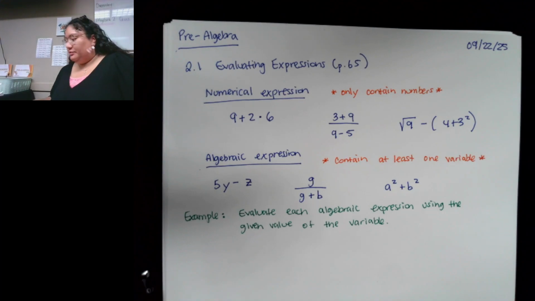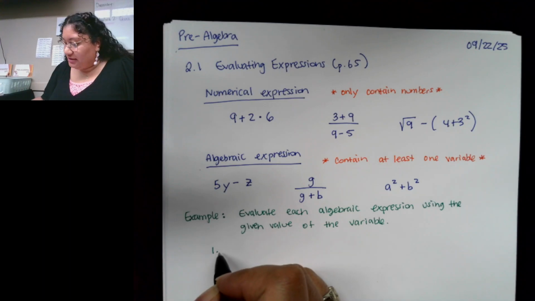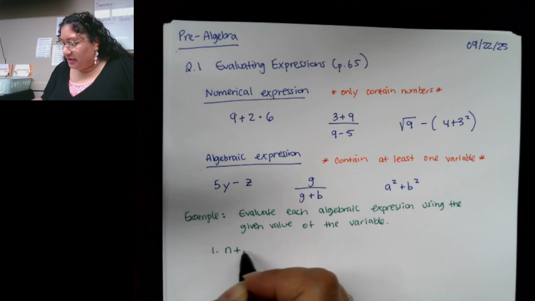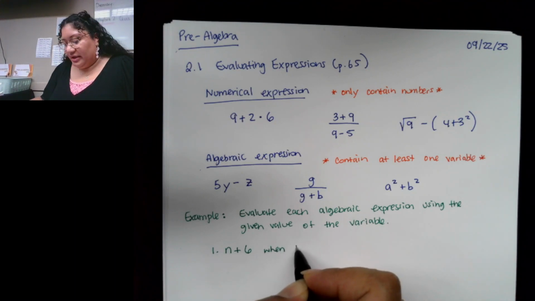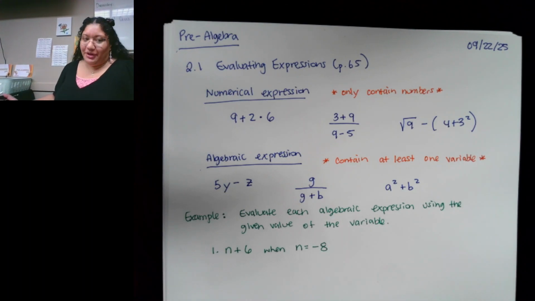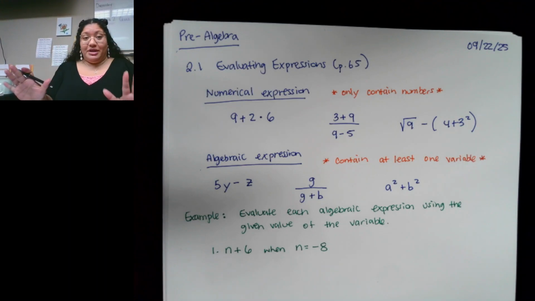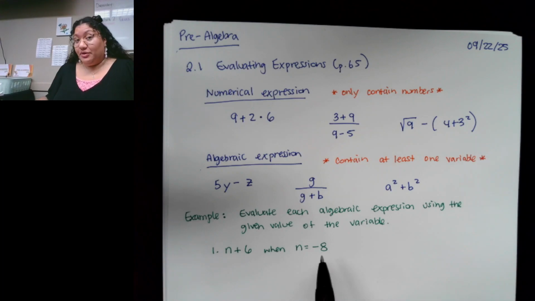Okay, so let's start with number 1. I've got n plus 6 when n equals negative 8. What do you think we do? Don't overcomplicate it. All we're doing is solving this based off of what I'm told that my variable is.